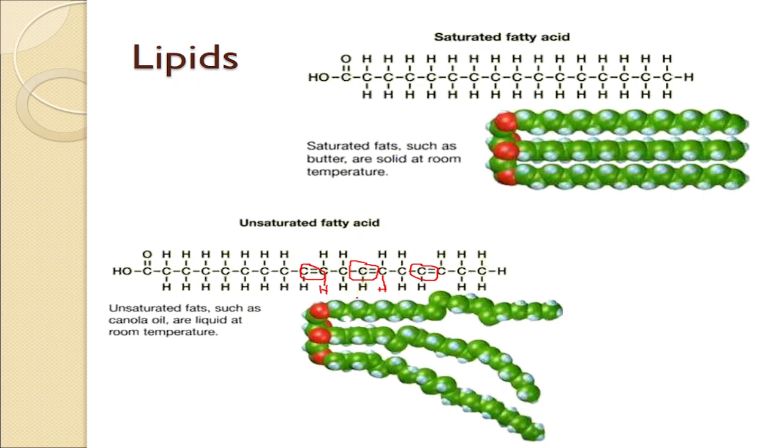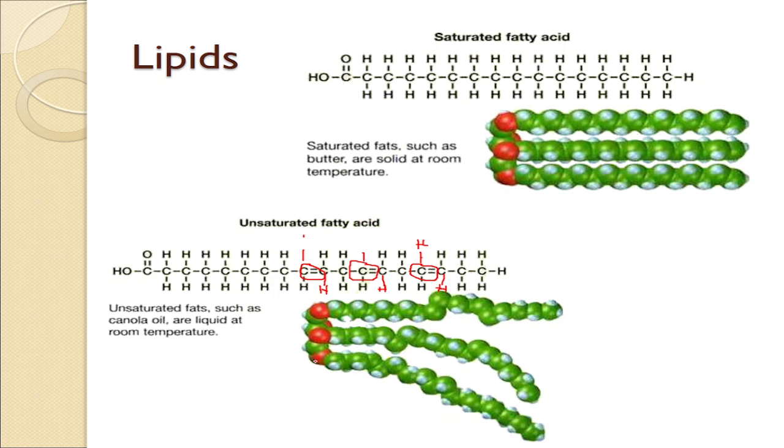That's an indication that it is unsaturated. We also have this one, where H is missing because of the double bond. Also this one. How many hydrogens are missing? 1, 2, 3, 4, 5, and then 6. So 6 hydrogen atoms are missing, so that's unsaturated.